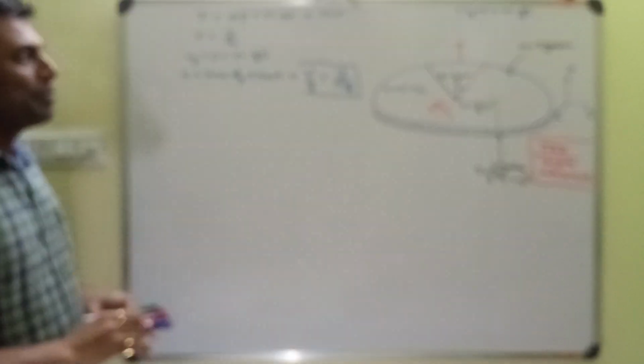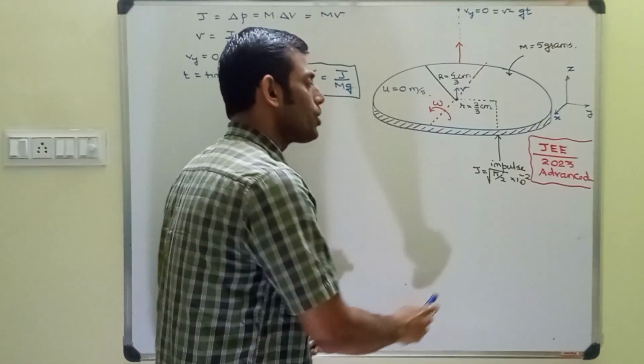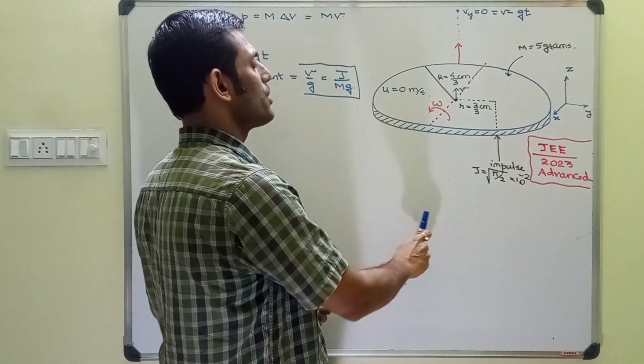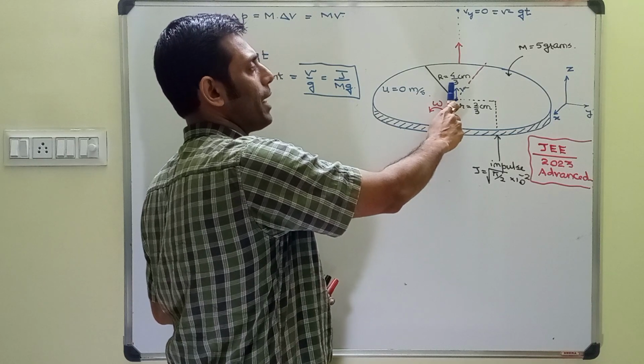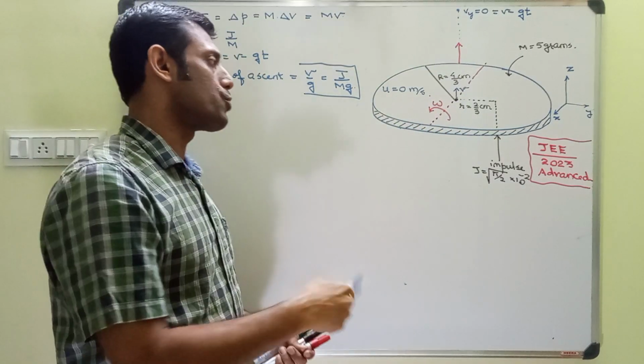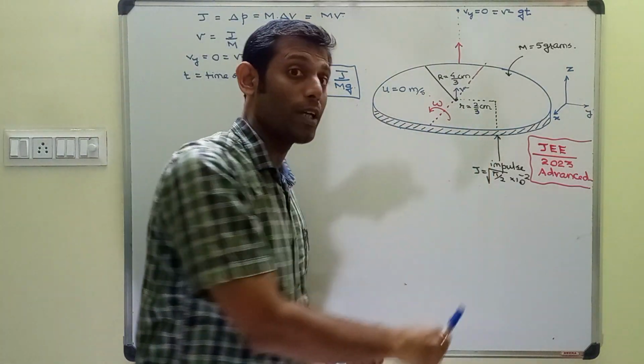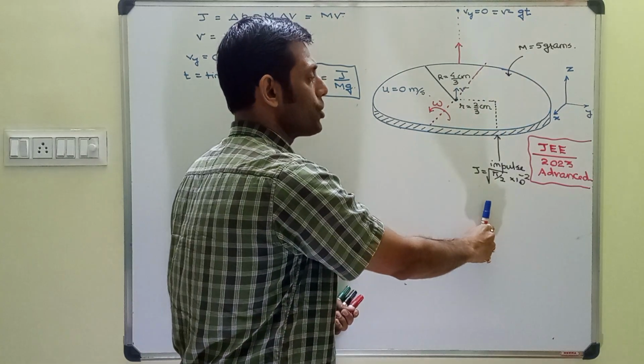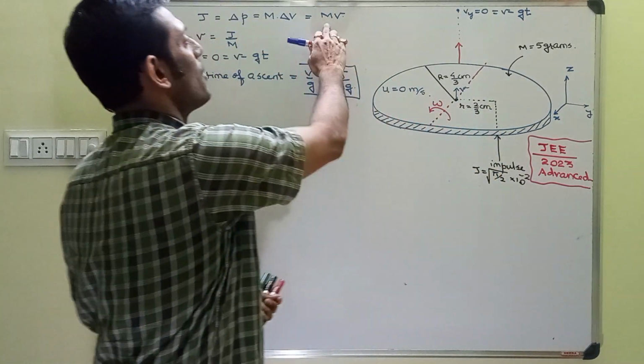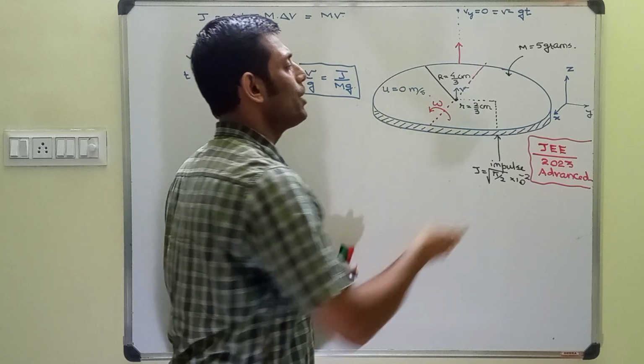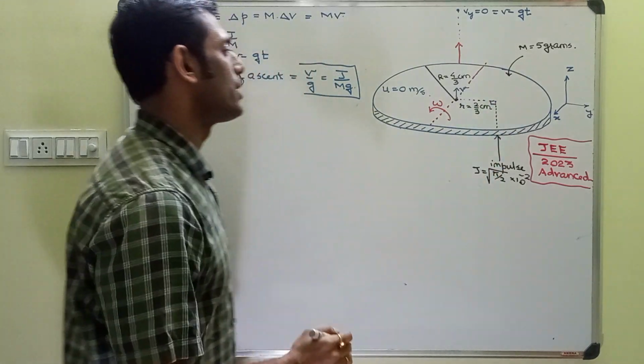Now, let's keep this as a result noted. Now, this impulse also does one more thing. Just as it provides an initial velocity to this coin and it translates up, it also provides an angular momentum here, because this impulse is basically a momentum value and applied at a perpendicular arm length of 2 by 3 centimeter.